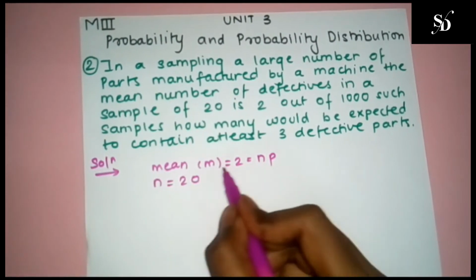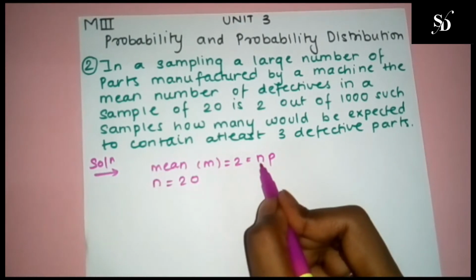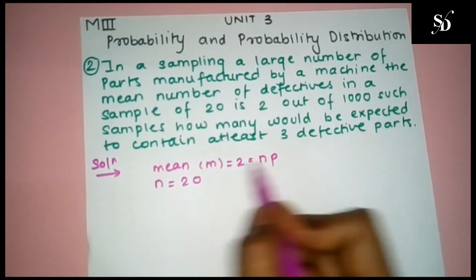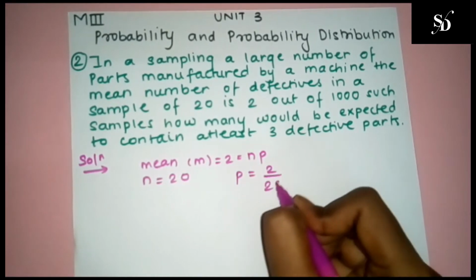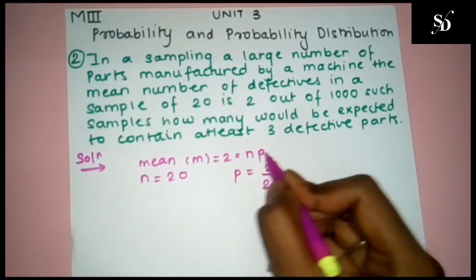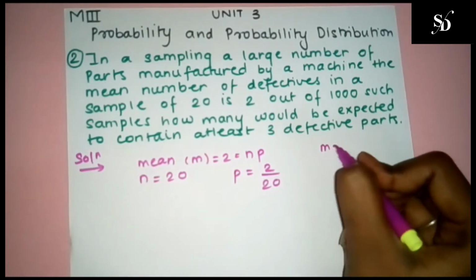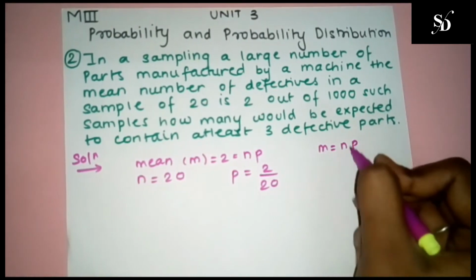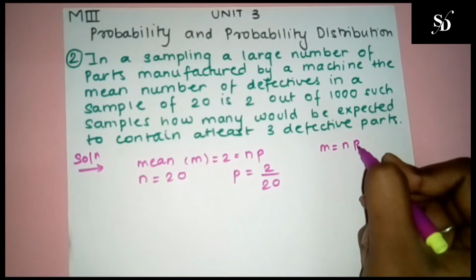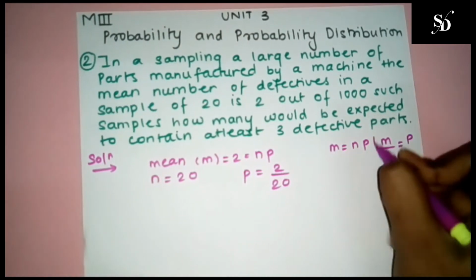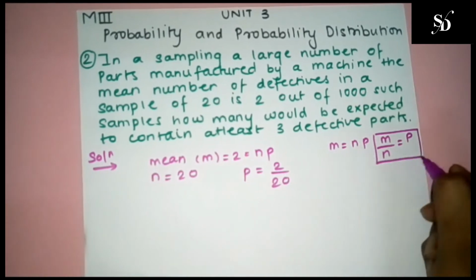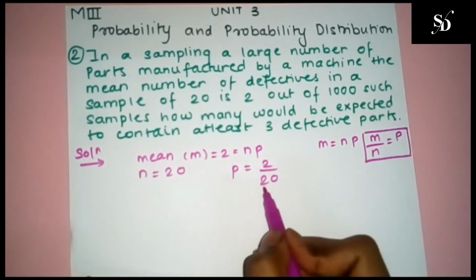So now we have m and we have n. Now we have to find p. So p is equal to 2 upon 20. If this is the formula, m is equal to np, then if you want to find p, our formula will be m upon n is equal to p. So this is what we have used in this place.